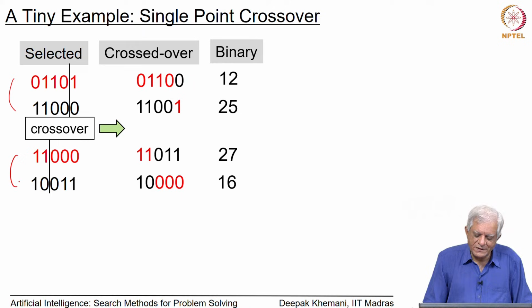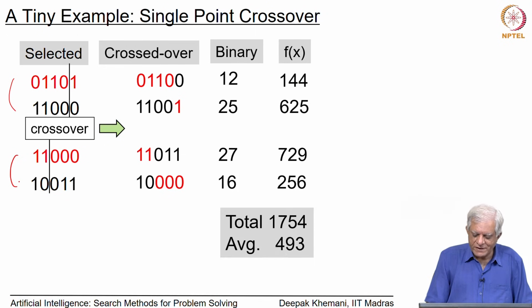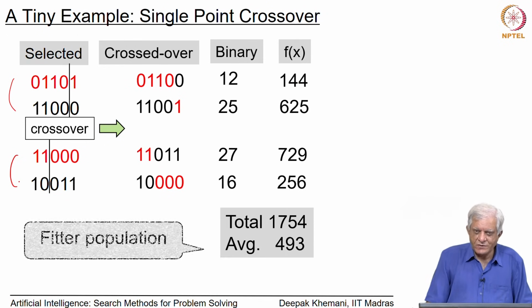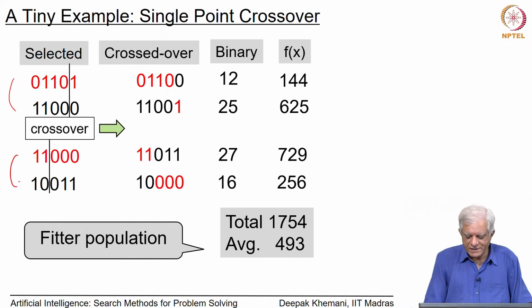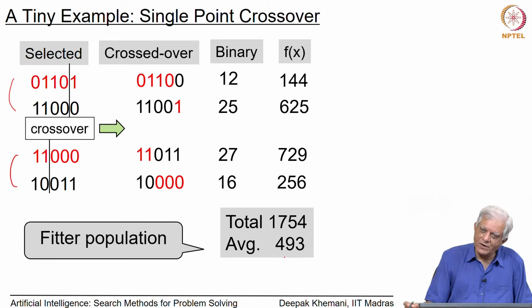The numbers in the new population are 12, 25, 27 and 16, and if you compute their squares, which is the fitness value that we are interested in, we get 144, 625, 729 and 256. Now, you can see that the average fitness has gone up from the previous cycle. In the previous cycle, it was 200 something, and now we have 493.